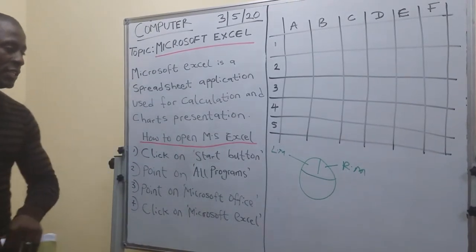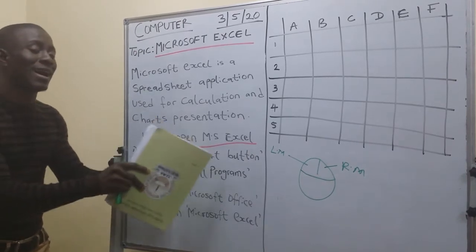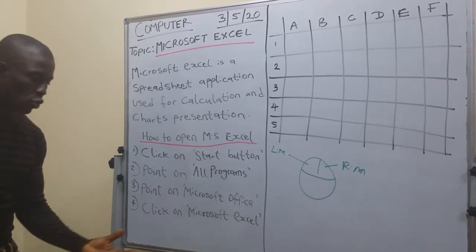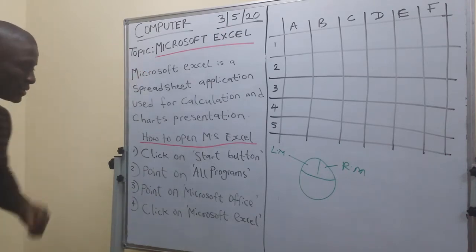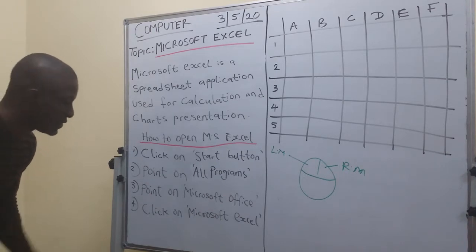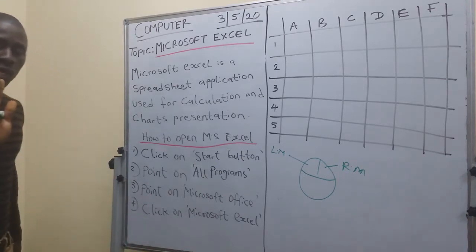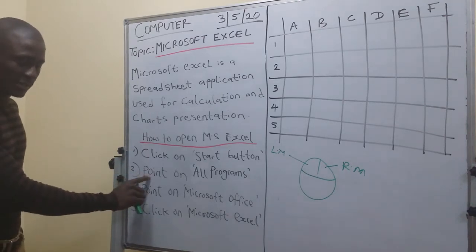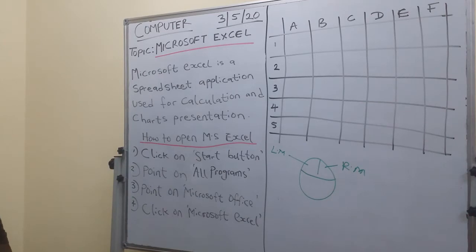I take it again. You click on the Start button. It will come up. With your eye, search for All Programs. Once you see it, you move to All Programs. Do not click. It says point. You point on it. Then search for Microsoft Office.